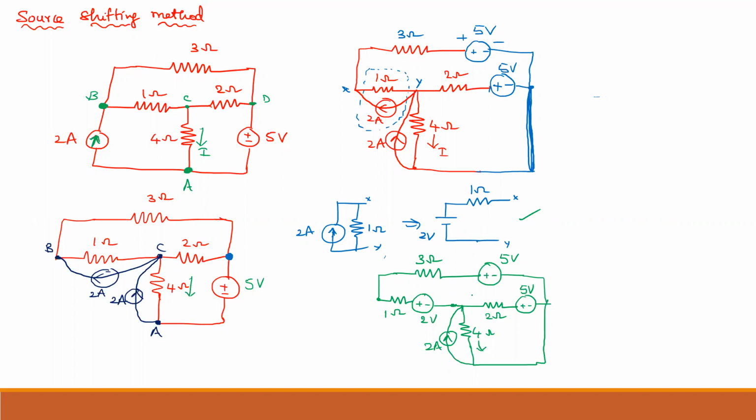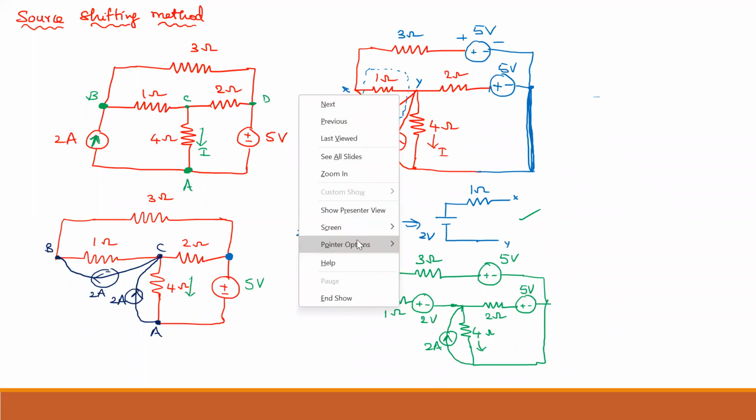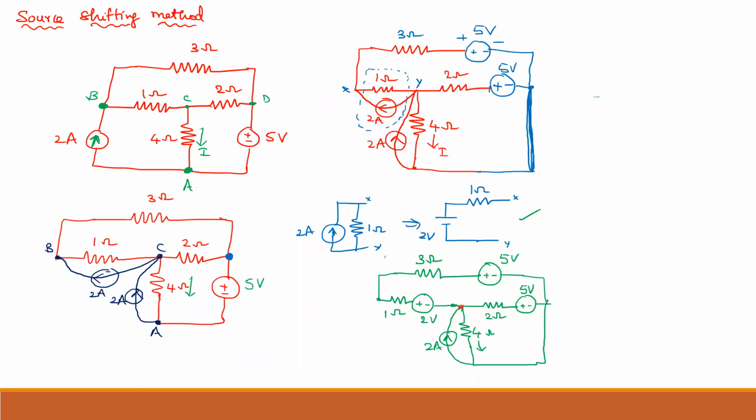If you observe from here to here, 1 ohm and 3 ohm are in series, 2 volt and 5 volt are also in series, but we have to check what polarity they have, right? So first 1 ohm and 3 ohm in series.